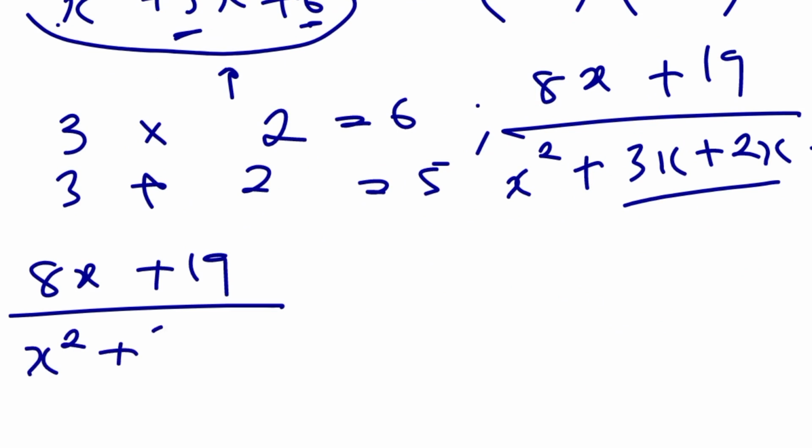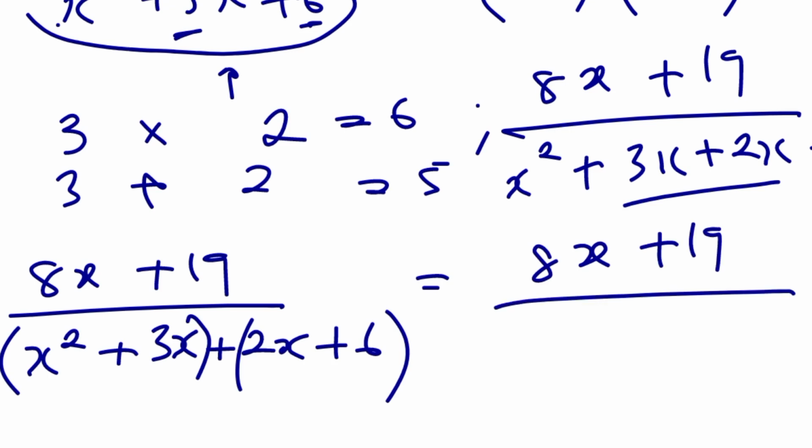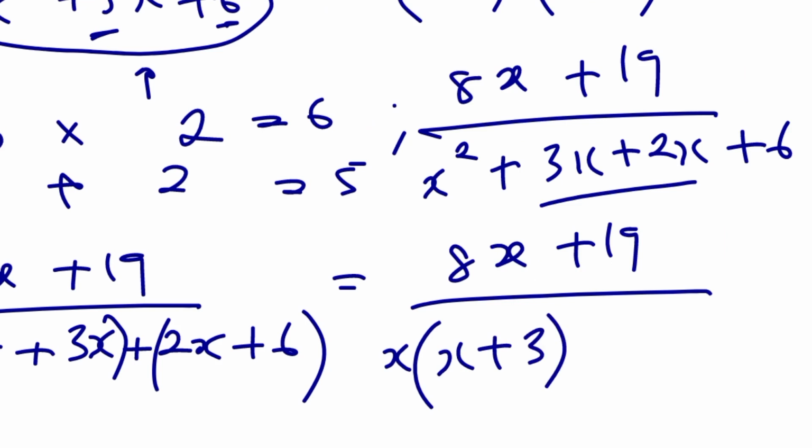We have x squared plus 3x plus 2x plus 6, so I'll group it this way. It is equal to 8x plus 19 divided by: I factorize x out and leave x inside, plus 3. The next one will be plus 2, open bracket, x plus 3, because 2 times x gives us 2x, and 2 times 3 gives us 6.